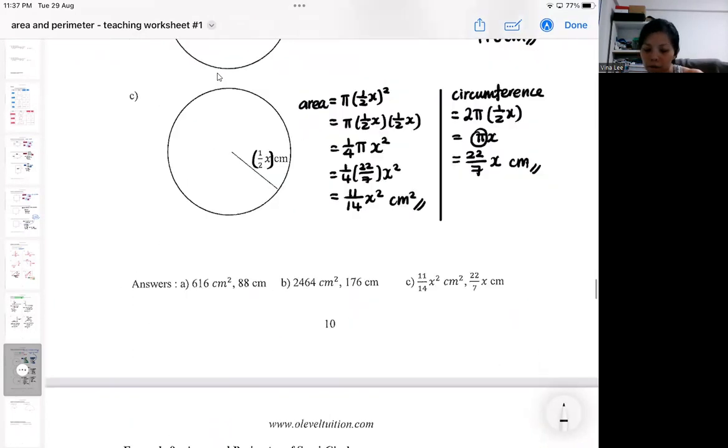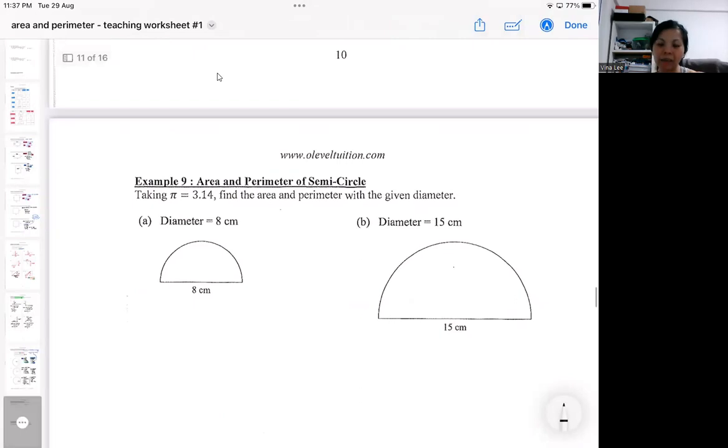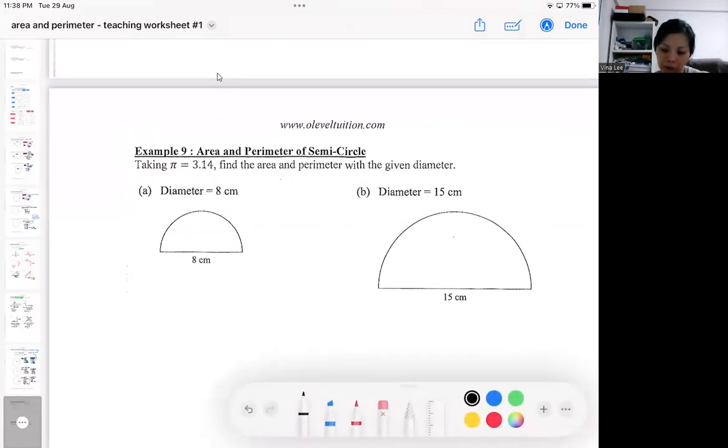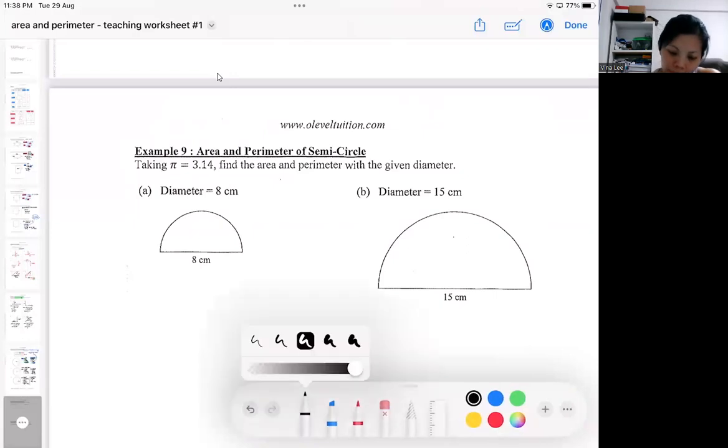Okay. When it comes to semicircle, it's actually quite easy. Semicircle will be just half of the circle. But when it comes to the perimeter, it's a bit more tricky. Let's look at why first. Here I want to find the area of the semicircle and the perimeter of the semicircle.